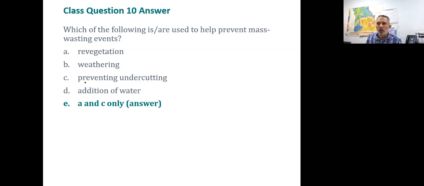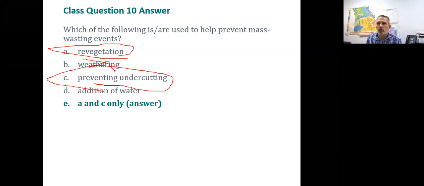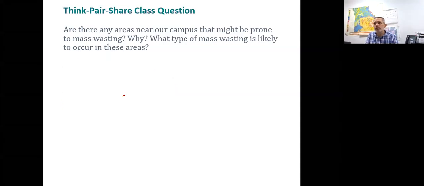We can stop some wave action from undercutting. So definitely prevent undercutting and revegetation. Weathering, well, that would actually cause a decrease in the resisting forces. And adding of water, we already said, is a bad idea because it's going to increase the driving forces and reduce the resisting forces. So clearly it's A and E.